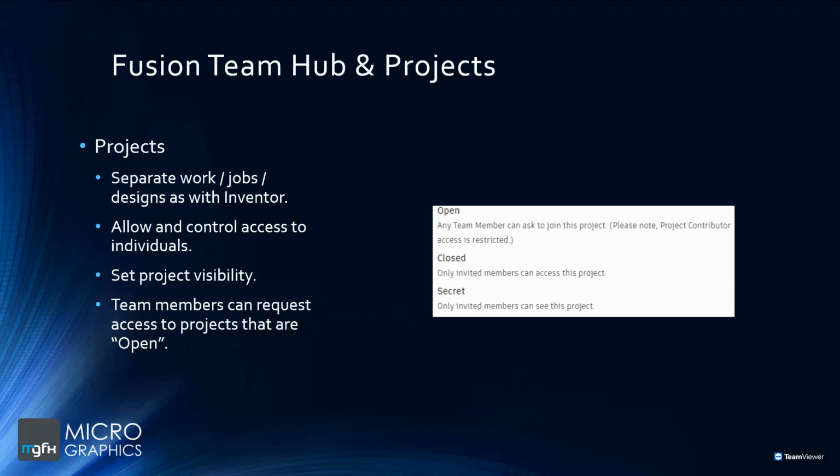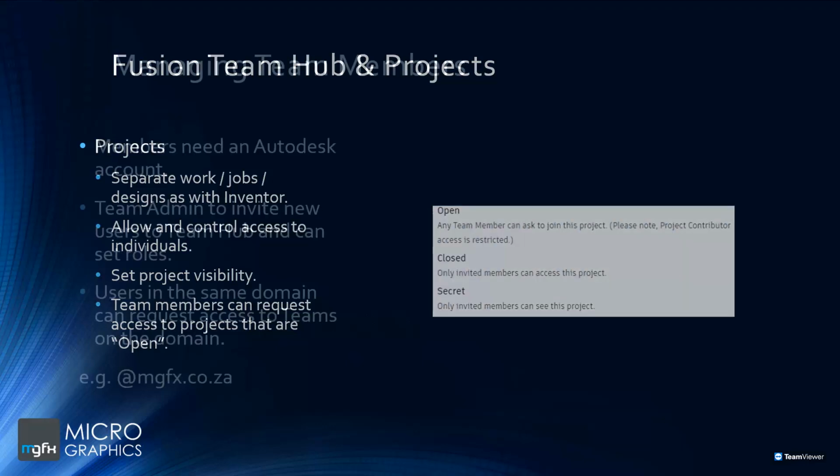This project is not visible to anybody, so you would not see that the project exists, and it will only become visible to members that are invited. So once again, it's an invite-only project. However, it only becomes visible to you once you have been invited. In the next slide, we'll have a brief look at how we add and manage members within the Team Hub.